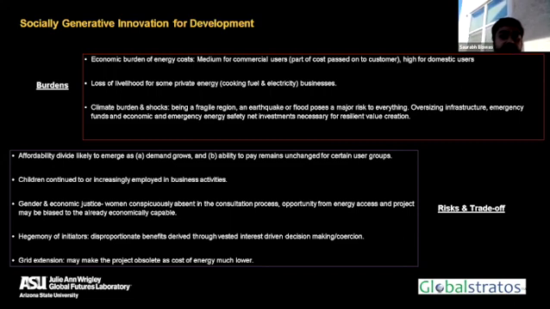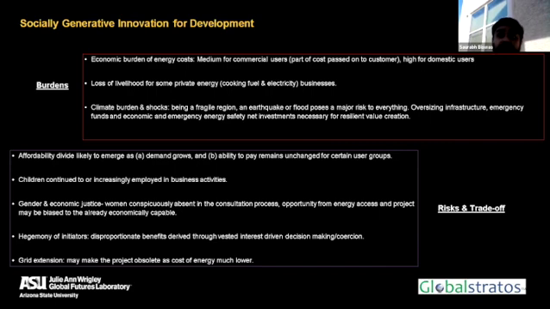Similarly, risks and trade-offs that can emerge is the divide in affordability over a period. This tells the designers what to look out for as they plan out the phases and the financial structure behind their projects. There's a risk of children being employed in business activities.